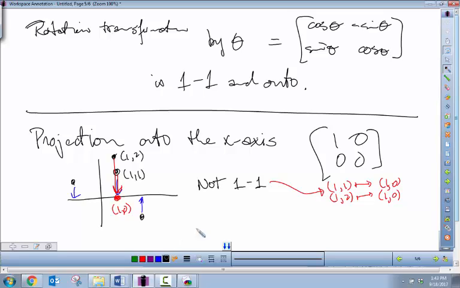Onto. Is this onto? How would you show that it's not onto? Onto means that I can find something in the output, and then there's a corresponding input for that. So is there something in R2 that's not part of the output?